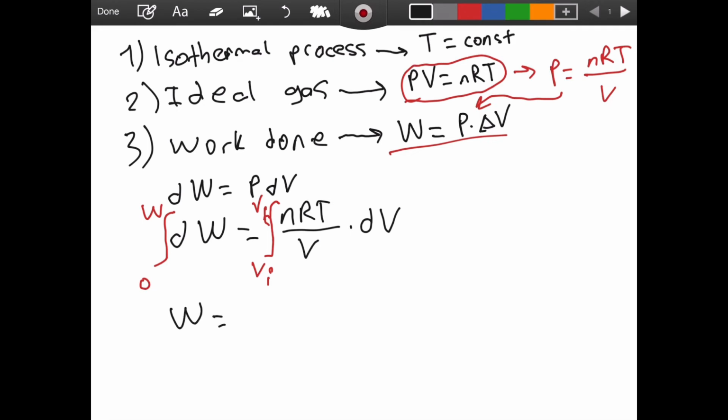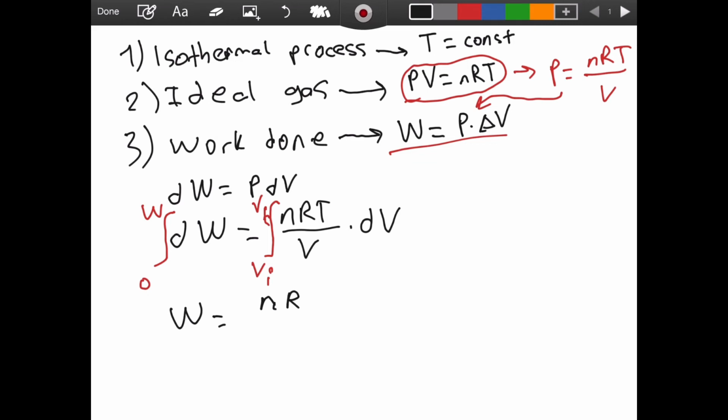For the right hand side, what should we do? Well, the best way to solve an integral, even if it is very simple like this one, is to take the constants out of the integral, right? So what are constants? The mole number is constant, so we take it out. The n is out now. R is constant, and this is very important.